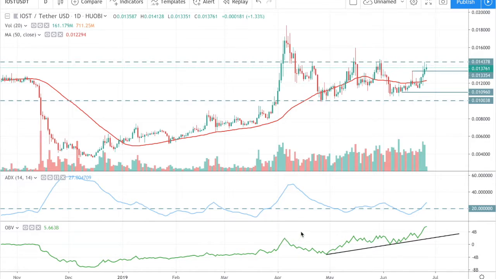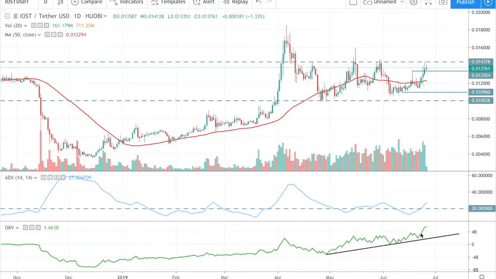What it exactly does is basically calculate the volume on down days when we have these red candles, and then the volume on up days when we have green candles, and essentially it combines it and makes it a line chart. As you can see, the volume that I was talking about in terms of buying volume has been picking up. You can actually see it with OBV. So it has been trending up.